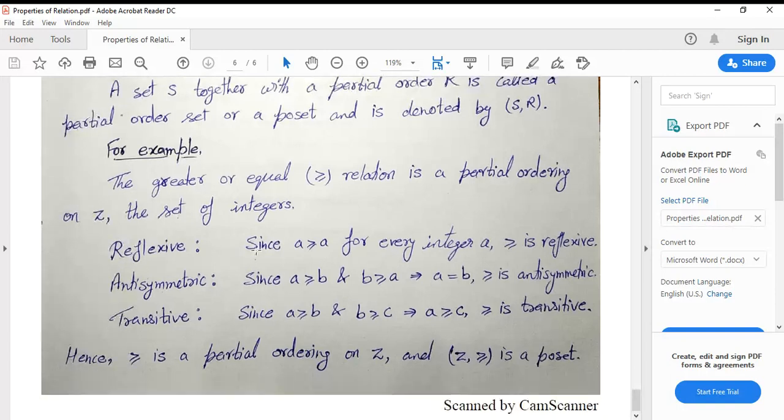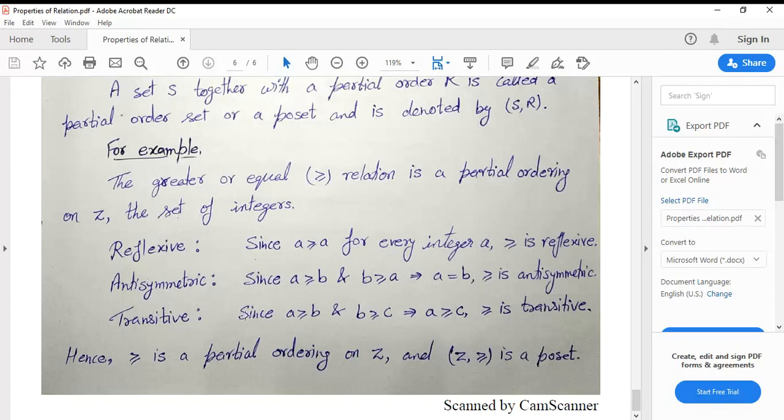Since our element A is obviously greater than or equal to A for any integer, we can say that greater than or equal to is reflexive. Now antisymmetric. Since A is greater than or equal to B and B is greater than or equal to A, when is it possible? It is possible only when A equals B. So we say that greater than or equal to is antisymmetric.